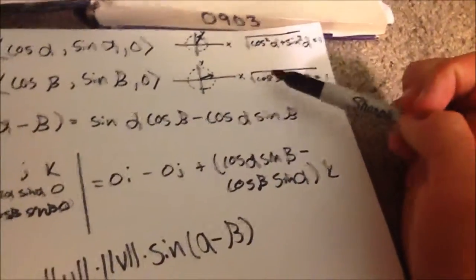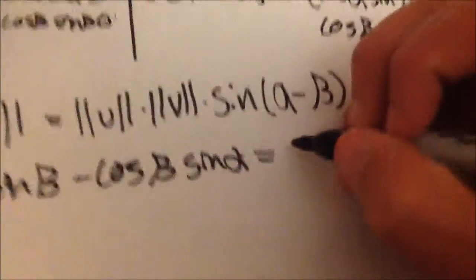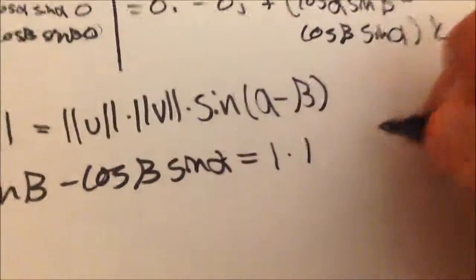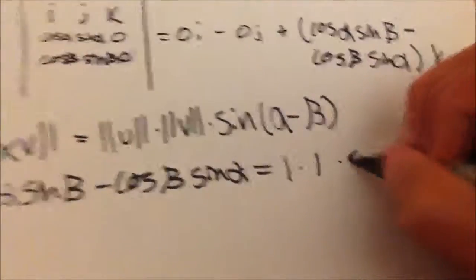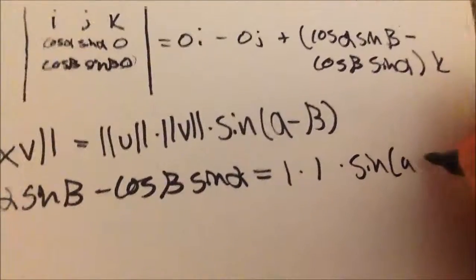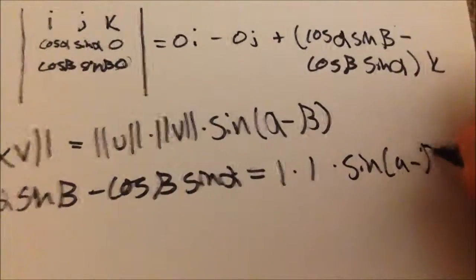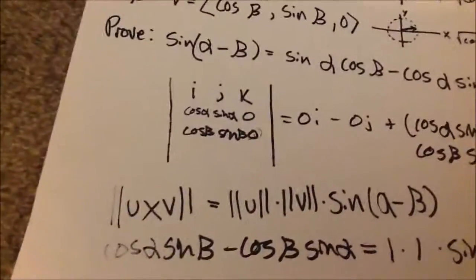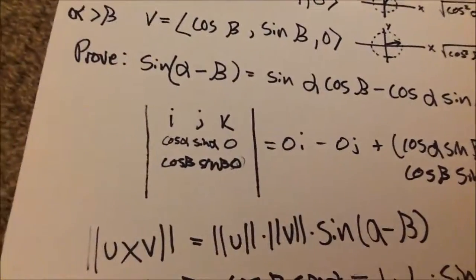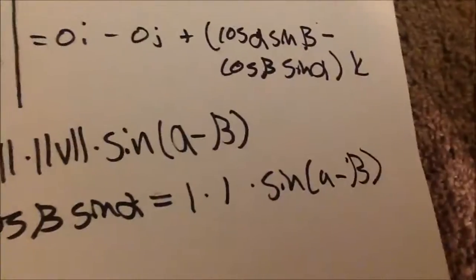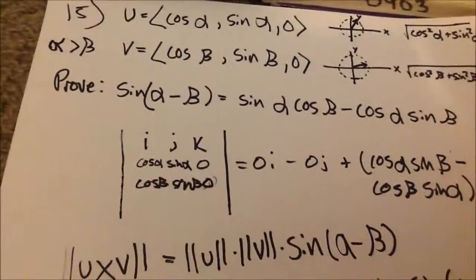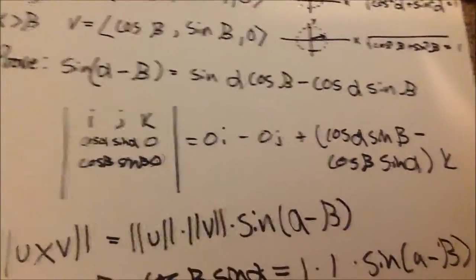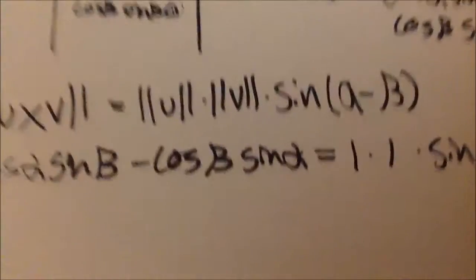It's 1, and as is the magnitude of V. So this can just be transferred as 1 times sine of A minus B. Now you look up here, and you see that the identity is sine of A minus B equals sine of A cosine of B. Well, we have that.